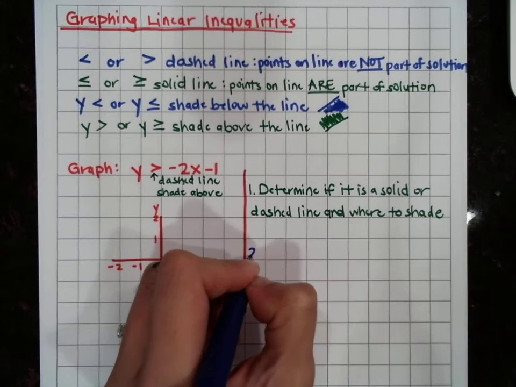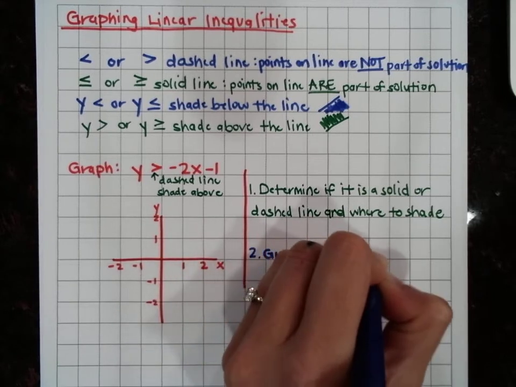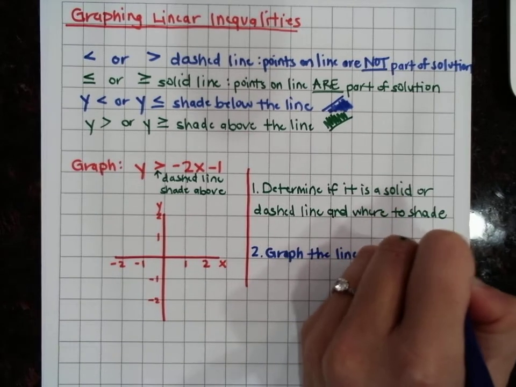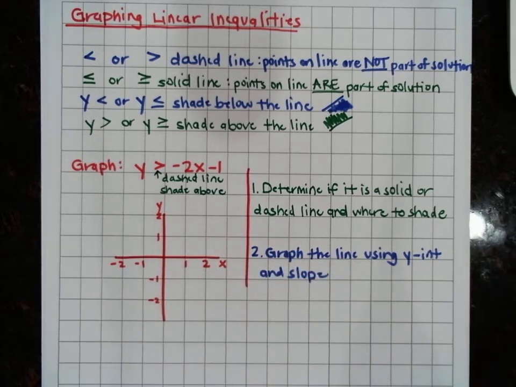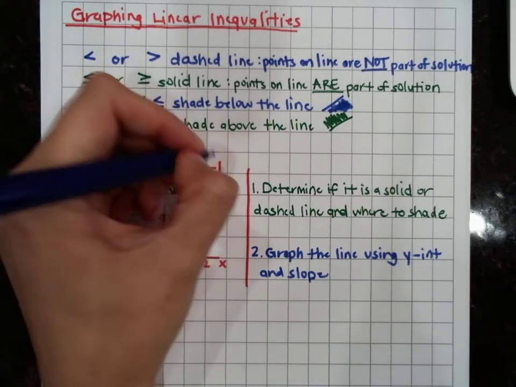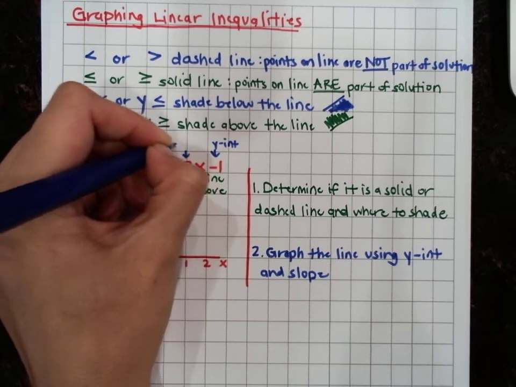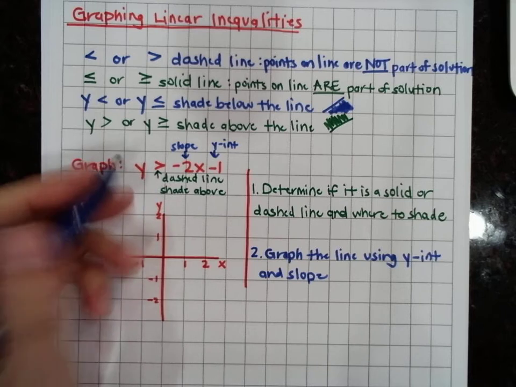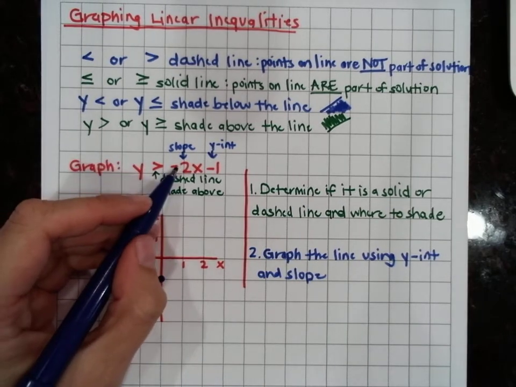And we are going to graph the line using the y-intercept and slope. So remember, b is your y-intercept and m is your slope. So we're going to graph the -1 first. That's our y-intercept. Then our slope is -2.